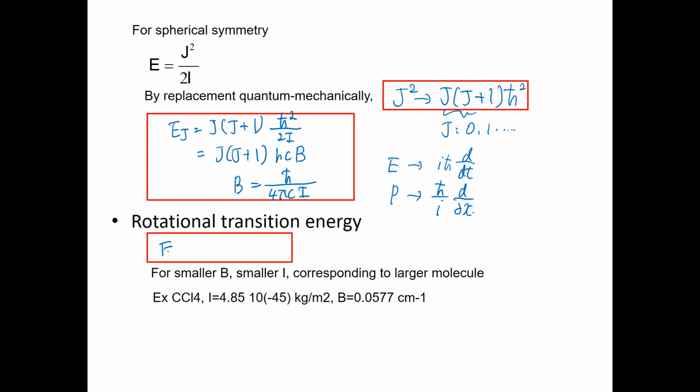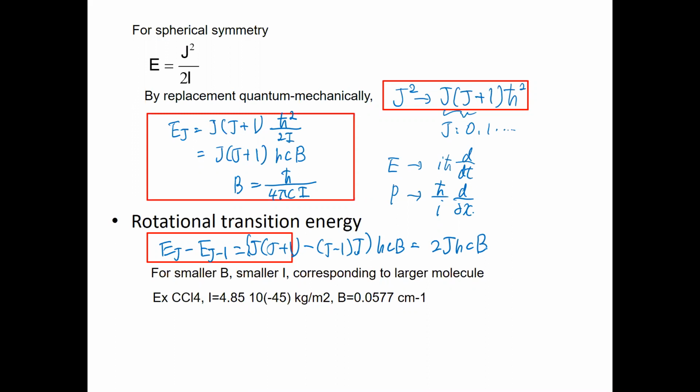In this case, E_J minus E_(J-1), which is one energy level difference, is J(J+1) minus (J-1)J times hcB, which is 2J hcB.